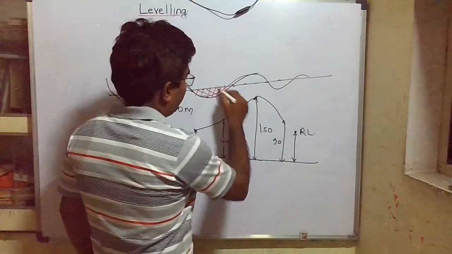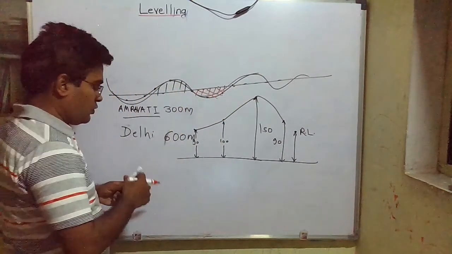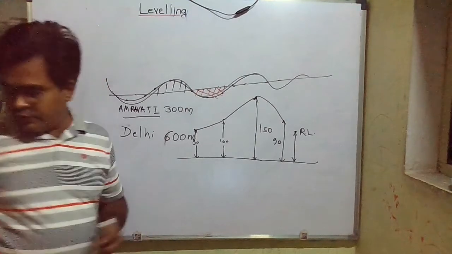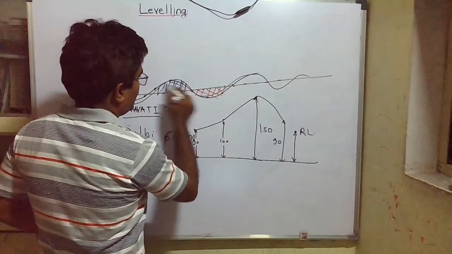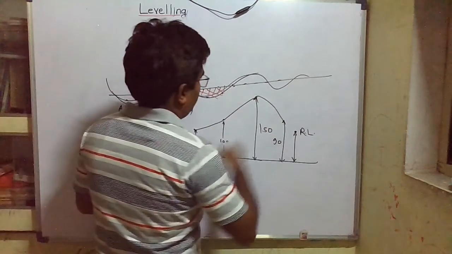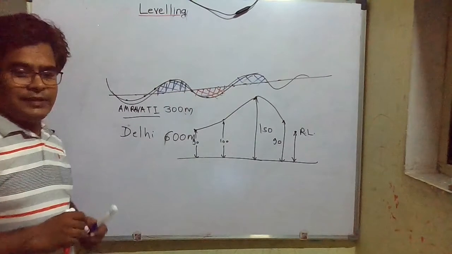Okay, this is the portion we have to fill, this is the portion we have to cut, and again, this is the portion we have to cut. Like that we can decide.